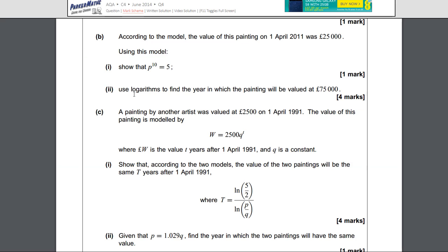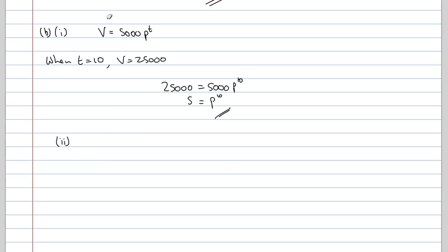In part 2, we need to use logarithms to find the year in which the painting will be valued at £75,000. So we're interested in finding the value of T when V equals £75,000. Now we could solve this for P and put it in there, but that would make it more complicated than we need.